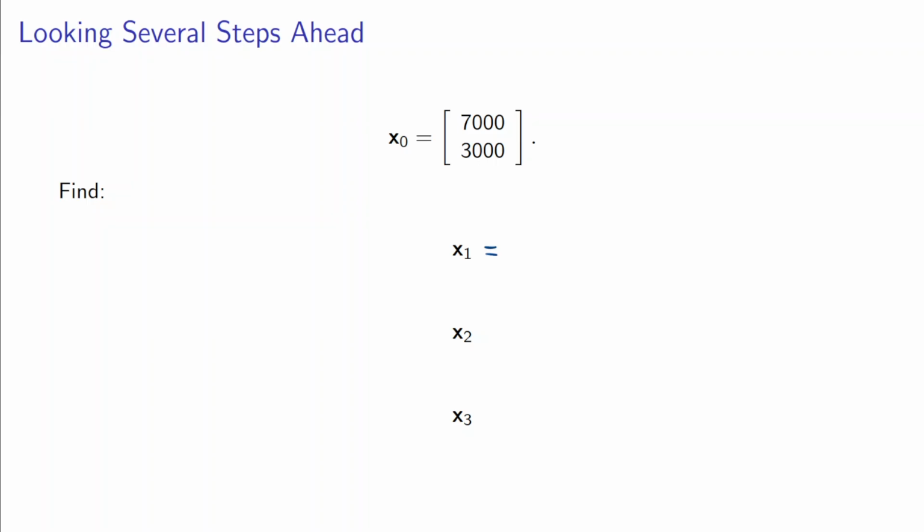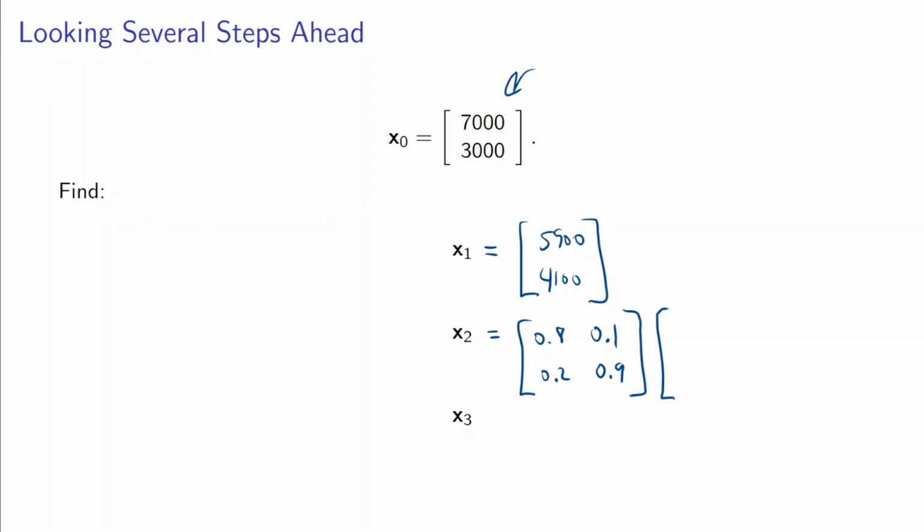So x1 we just discovered, starting with that same 7,000, 3,000, was 5,900 and 4,100. If we wanted to go one more step, x2, we would take A, that 0.8, 0.2, 0.1, 0.9, and multiply it by the vector 5,900, 4,100, where we are after 1 month. And so we do that math out.